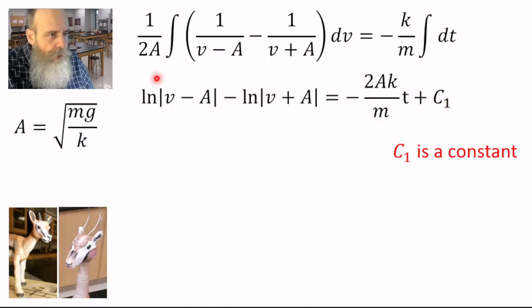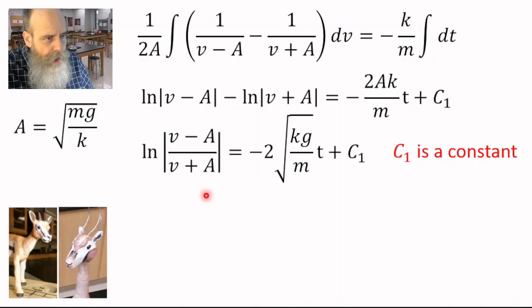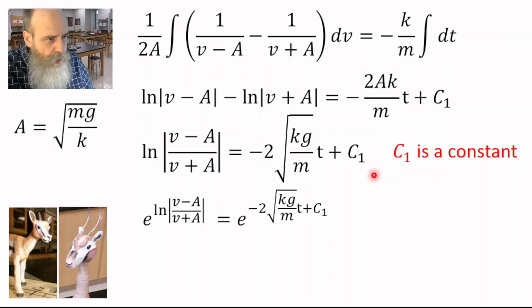Note, when we do the ln function, we're taking absolute values. That will become important later. Let's simplify some more. ln of v minus a over v plus a equals negative 2 square root of kg over m times t plus c1. And we want to get rid of the ln, so we take e to the ln, and e to the negative 2 times this.